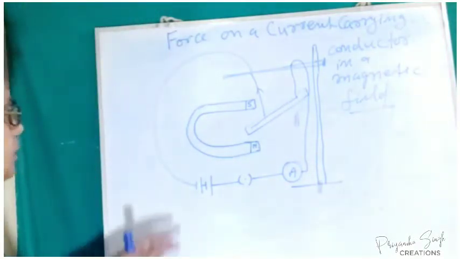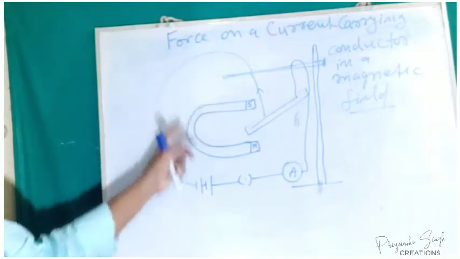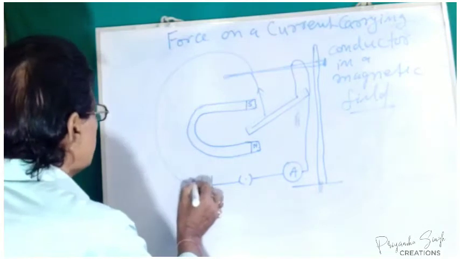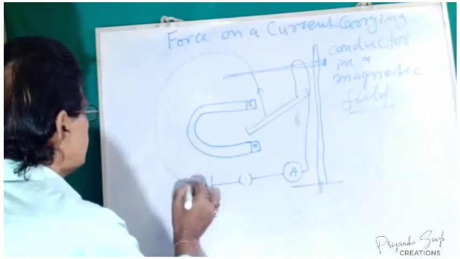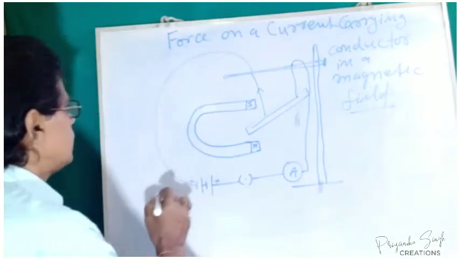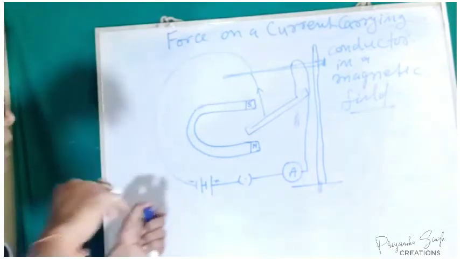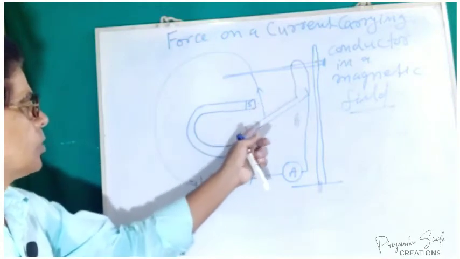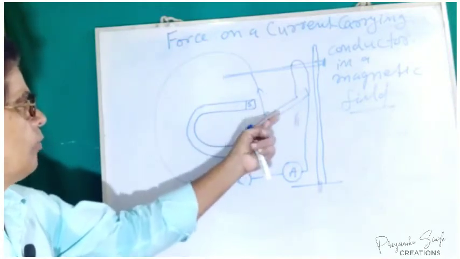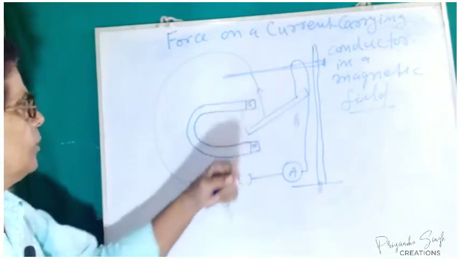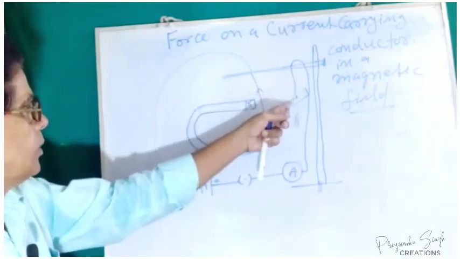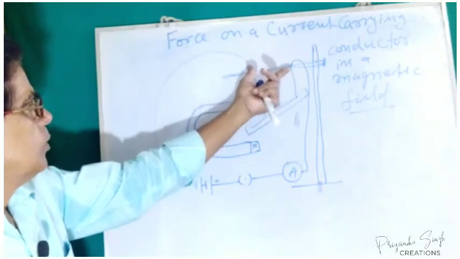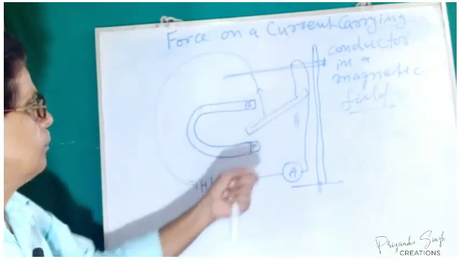We know that, see here, this is a setup, an electric circuit, in which a wire is stretched along the length of an aluminum rod, and it is tied with the wire through the rods of the stand clamp.